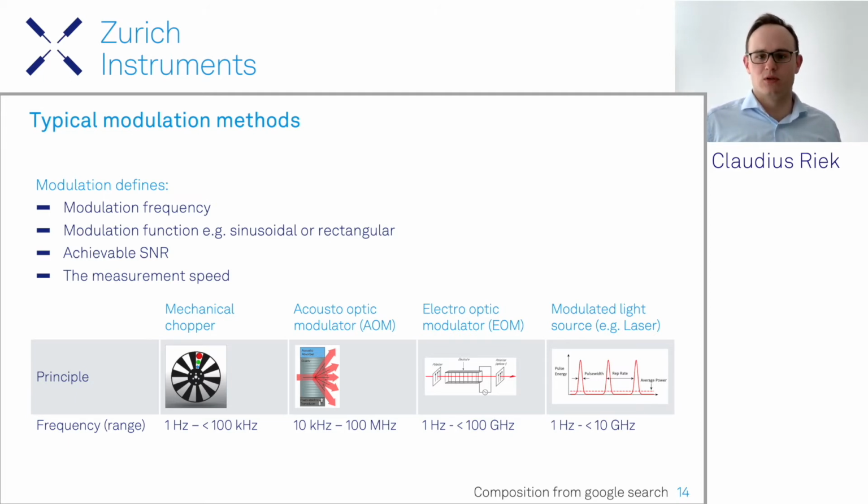Typical principles: the good old chopper wheel, which would give you something like up to a few tens of kilohertz, maybe even 100 if you push it. Acousto-optic modulators, which have a wide flexibility, electro-optic modulators or Pockels cells, or also directly modulated light sources, for example, pulsed lasers.